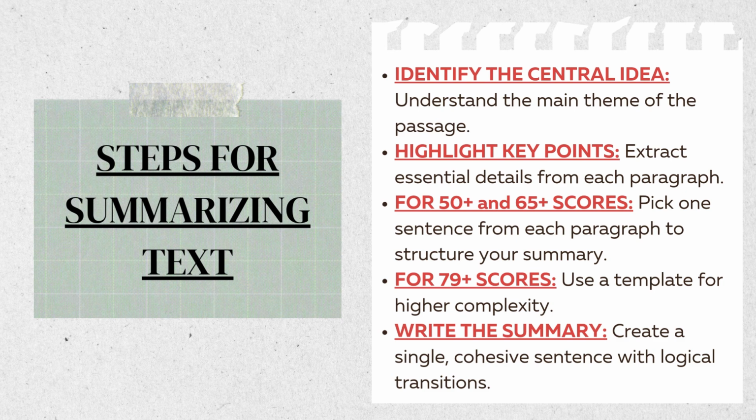If you're aiming for a score of 79+, use a template that allows you to incorporate higher complexity, demonstrating your ability to synthesize information effectively. Finally, write the summary by crafting a single, cohesive sentence with logical transitions that connect the key points smoothly. Following these steps will help you create a focused, well-organized summary that meets the PTE's criteria.